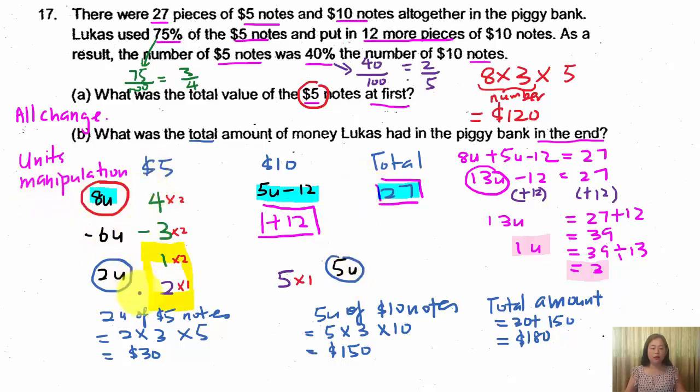We can see that by coming up with a units table, it is far easier to compare the information, and since this is the number of notes and we are supposed to find value, we must be able to understand the concept of number times value.